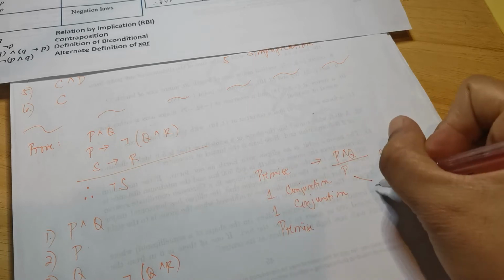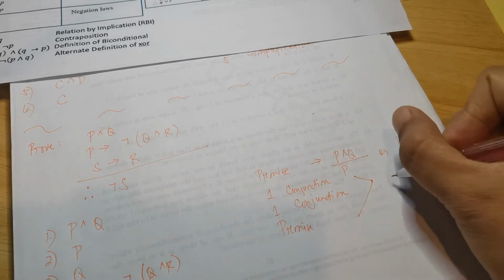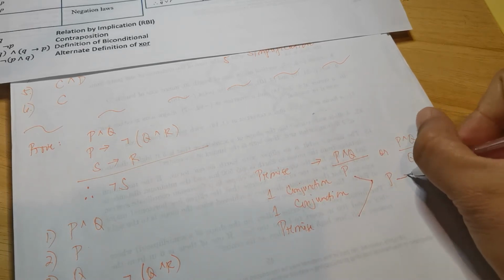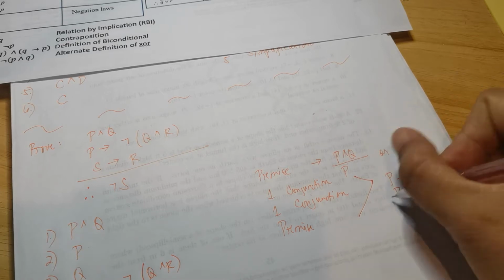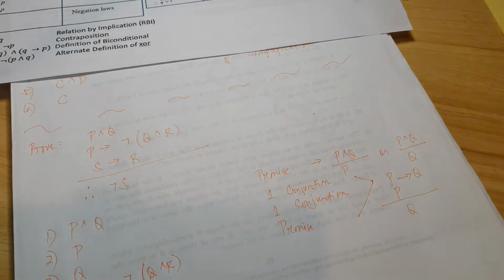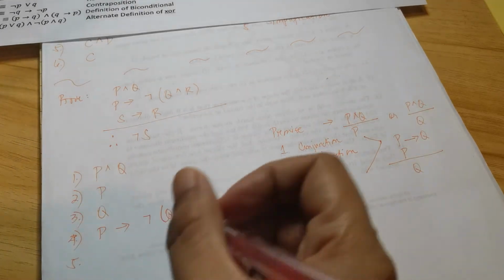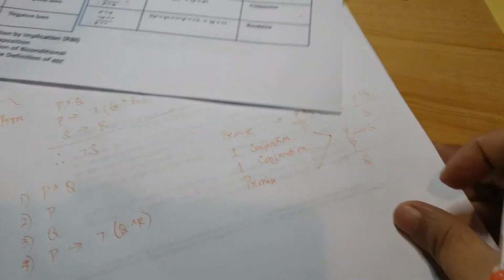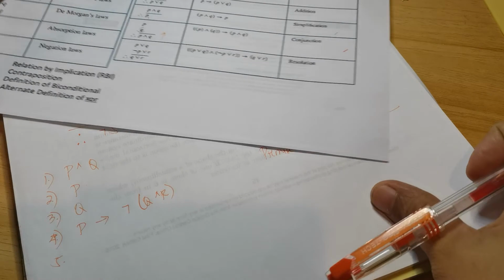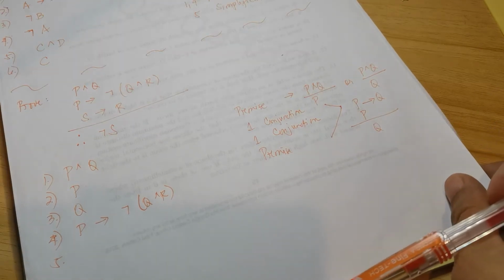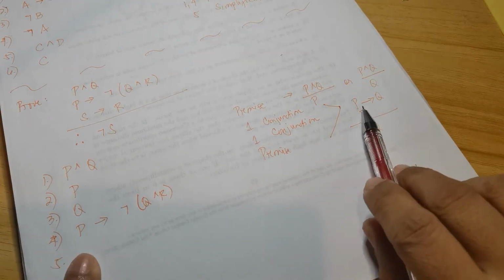Nakalimutan kong isulat. Ayan. So, yung modus ponens kasi natin, sabi niya P implies Q. If we have P, then Q. Ayan, P implies ito. And then we have P there. So, Q na lang ang matitira. Hindi nyo ba nakita yon? Sorry, para ang damot ko naman tuloy. Ayan, so, ayun.